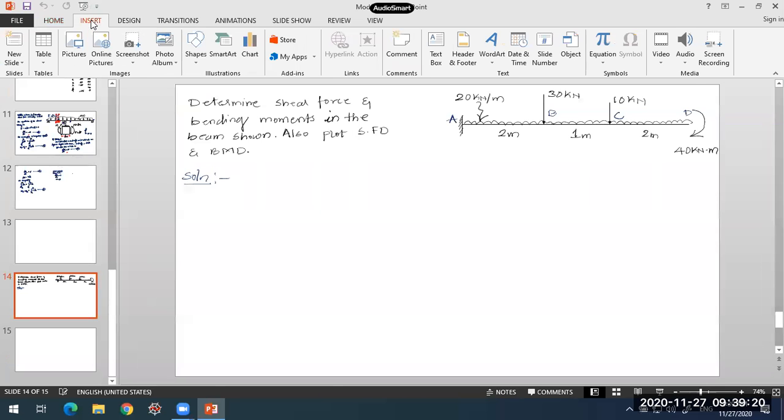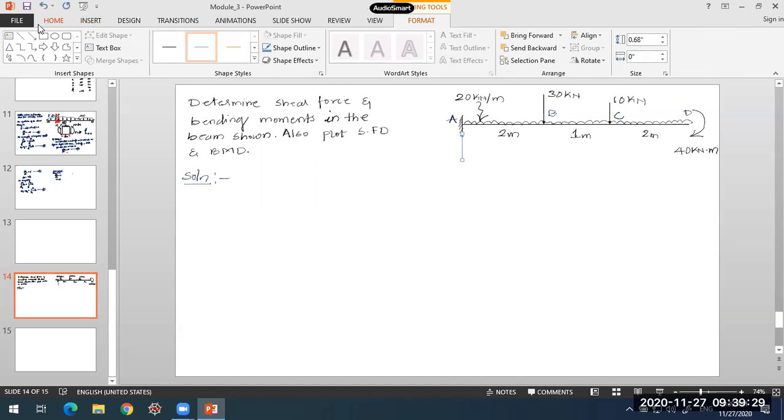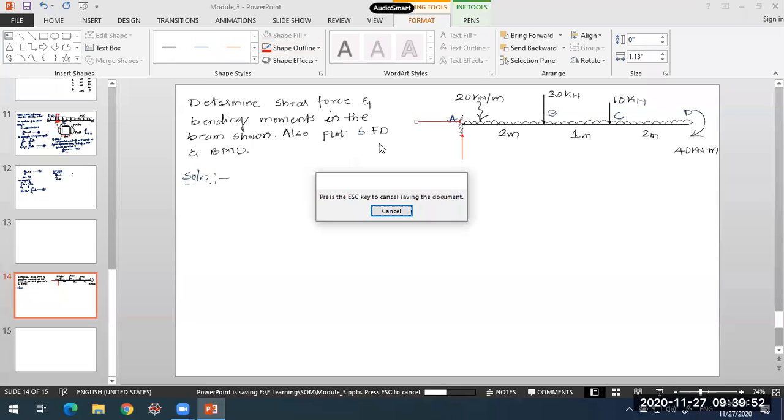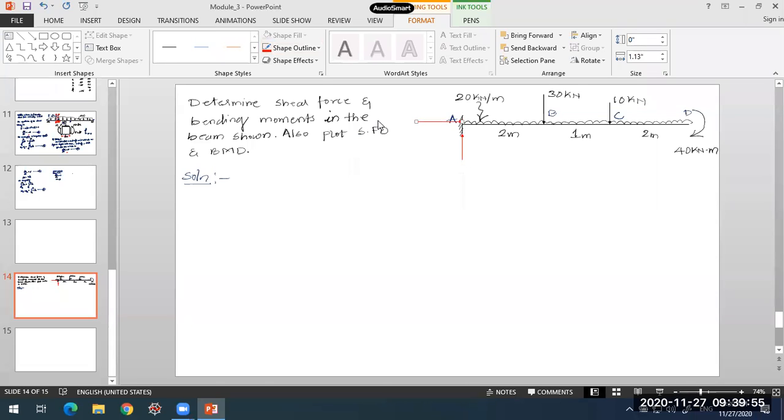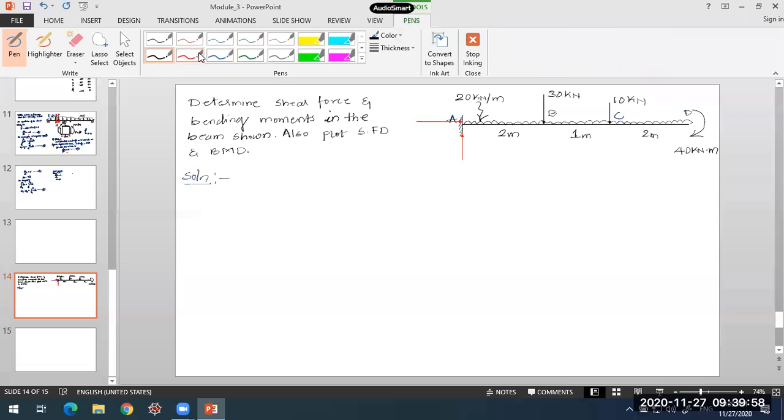Okay, so can you find those reactions and tell me what the reactions are over here? Quickly go for calculating these reactions.